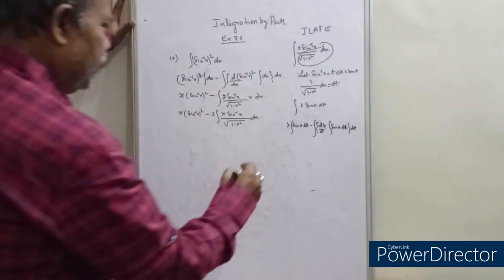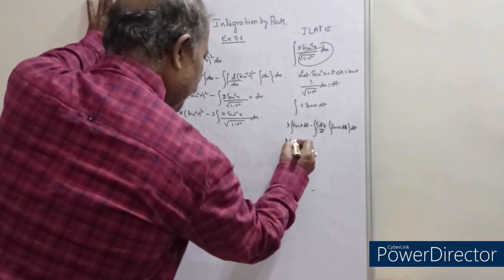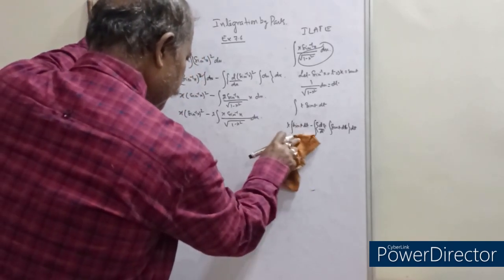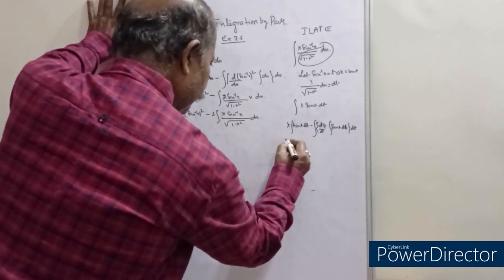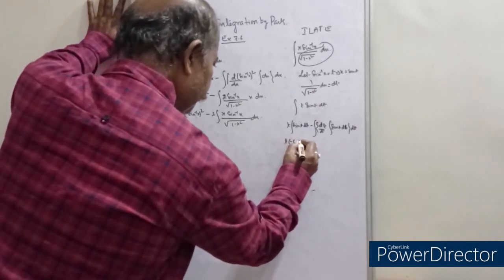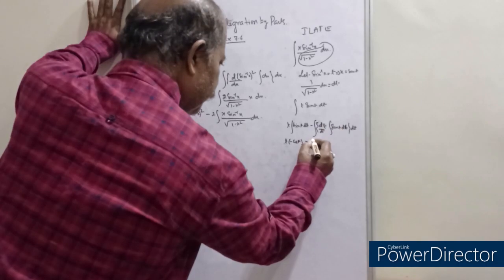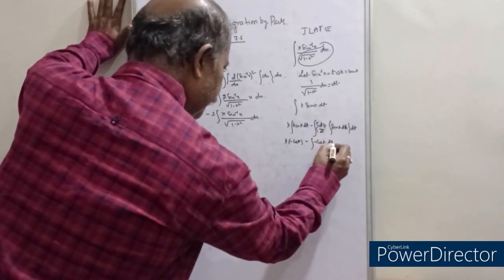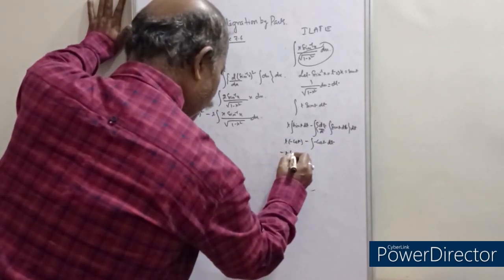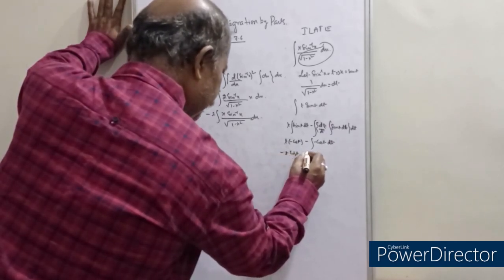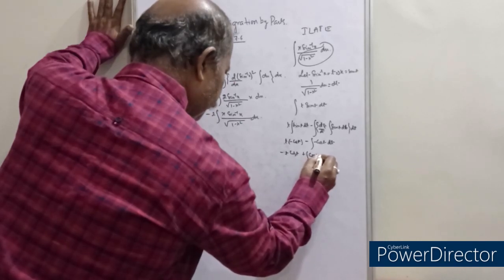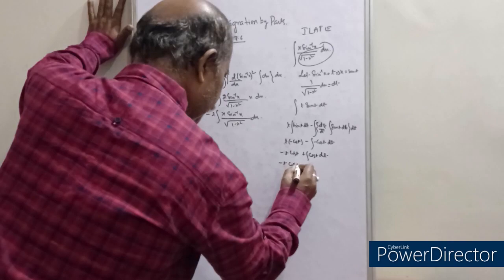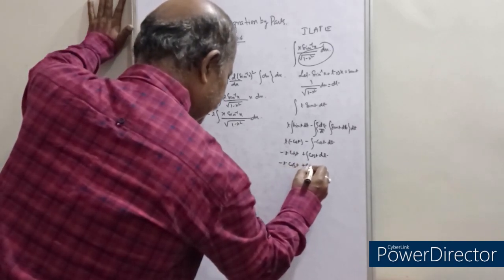So here this will be t times minus cos t, and this is 1, and the integral of sine t is minus cos t dt. So minus t cos t plus the integration of cos t dt. So this will be minus t cos t, plus sine t.